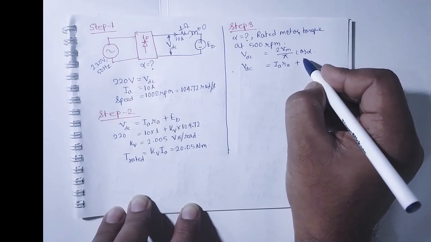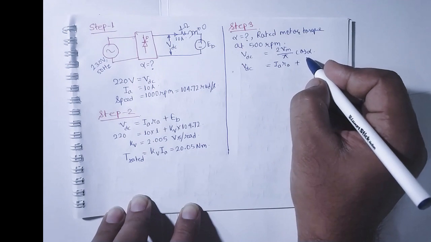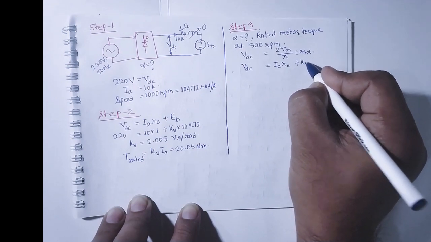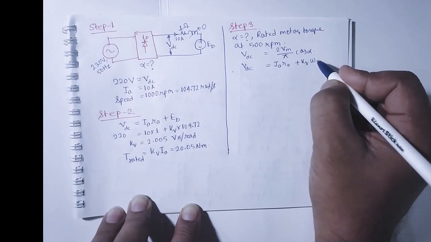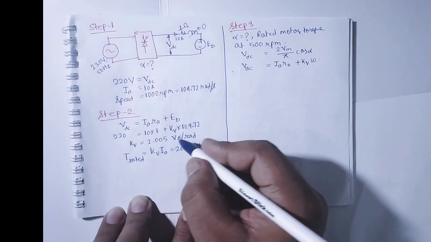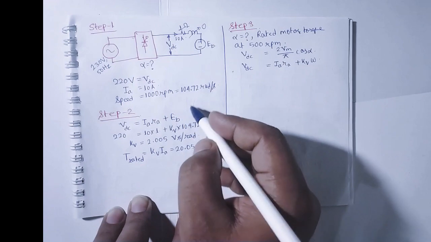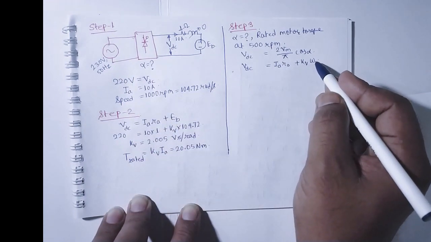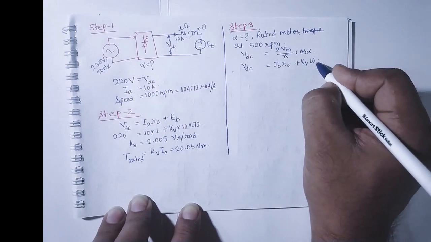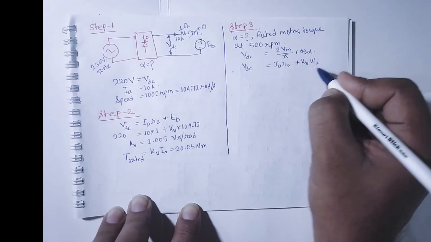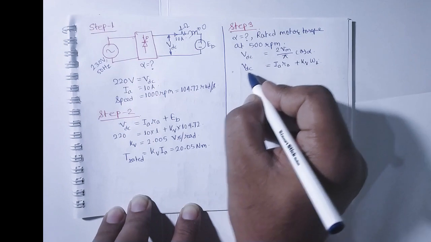EB can be written as kV into omega. This omega is not omega r, not this speed. This speed is equivalent to 500 rpm. So let me write it as omega 1 to avoid confusion.